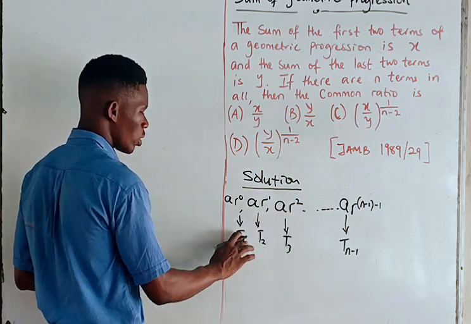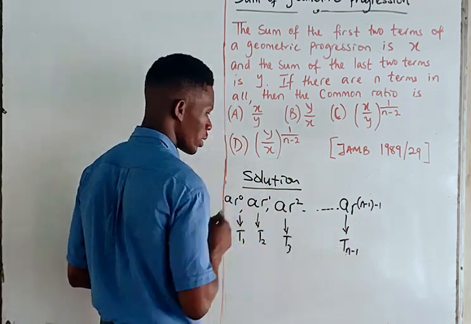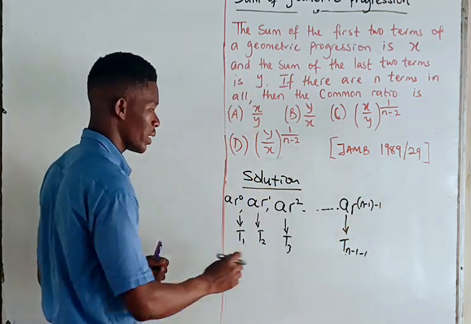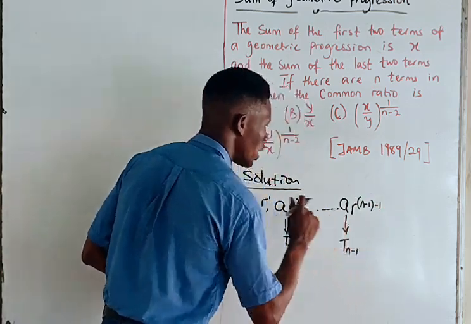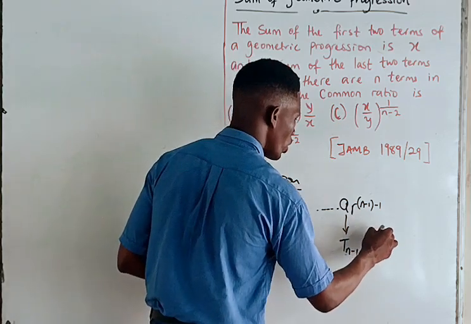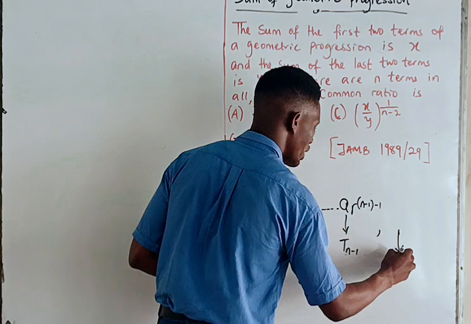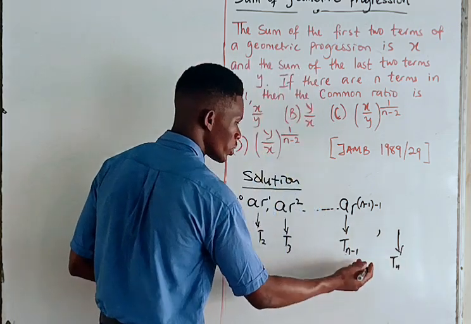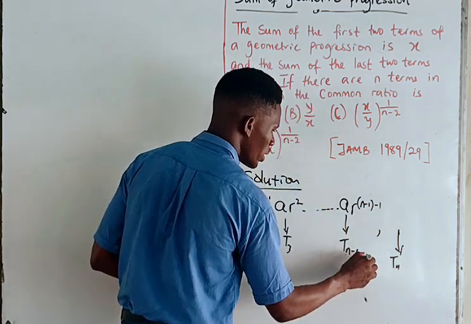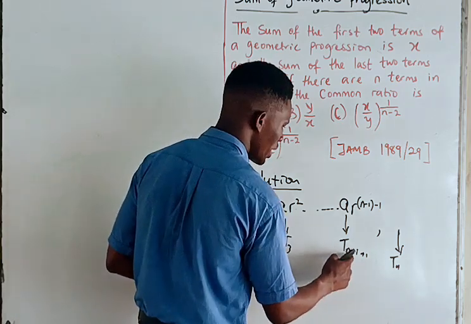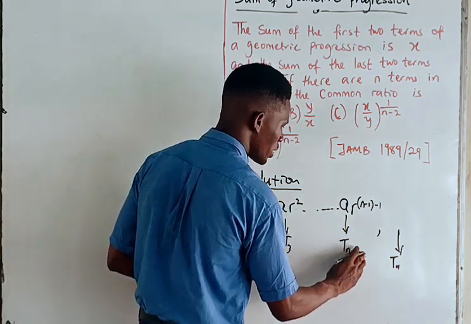So talking about n minus 1, we subtract 1 from n minus 1 to get the power of R. And then, to get the next term, we add 1 to this, because 1 plus 1 is 2, 2 plus 1 is 3. So when we talk about Tn minus 1, we add 1 and we get n.